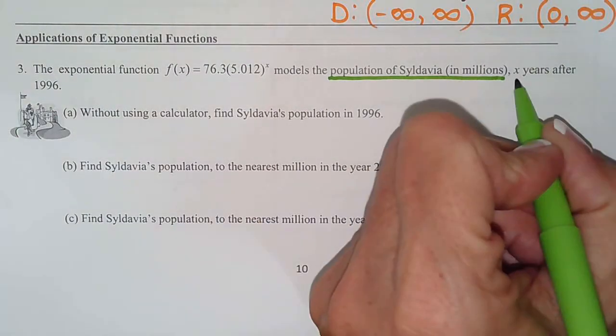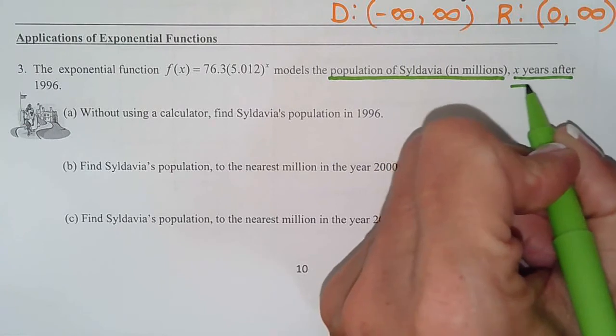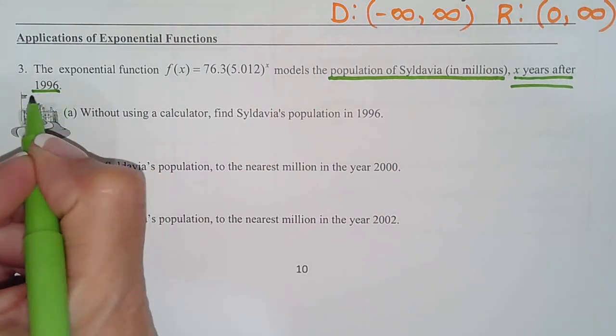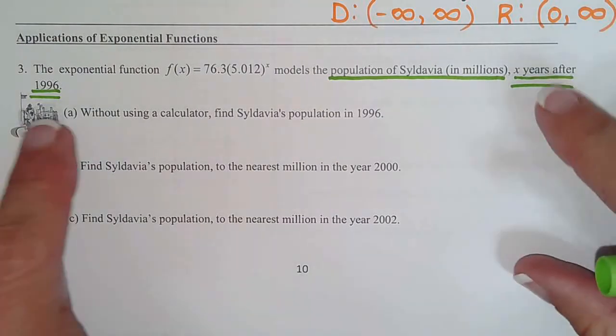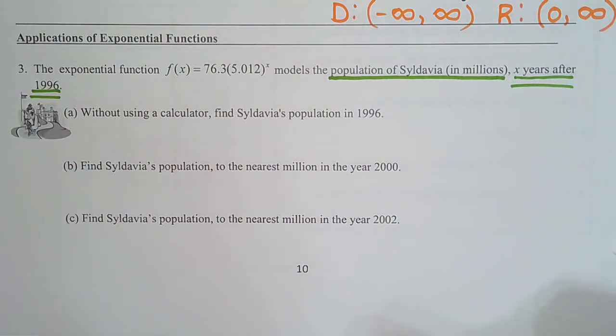And this is another thing that's huge: x years after 1996. If it's 1998, x will be 2 because that's 2 years after 1996. If it's the year 2000, x will be 4 because that's 4 years after 1996. So just so you understand what that verbiage means.